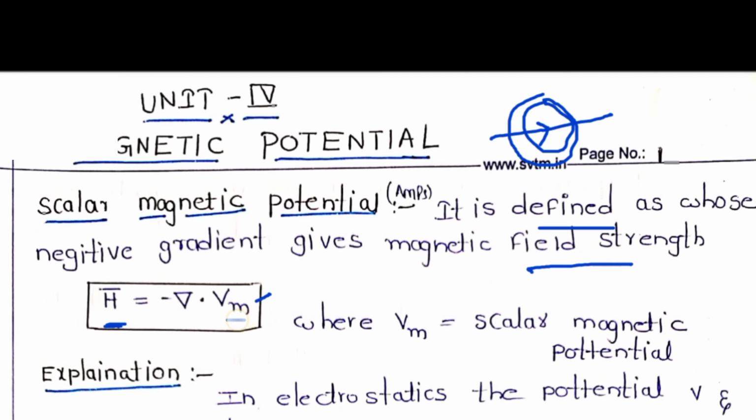Because of this magnetic potential. The negative gradient of the potential gives the magnetic field intensity, where Vm is known as the scalar magnetic potential.